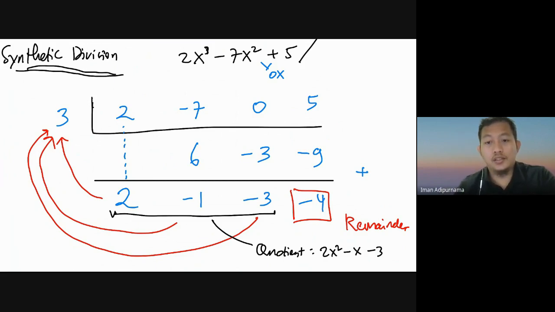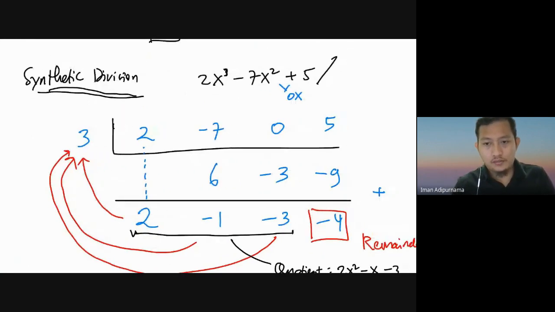But there is one weakness. Do you know what is the weakness of this synthetic division? Anyone know what is the weakness? Yeah, any method, Helen. You can choose any method.